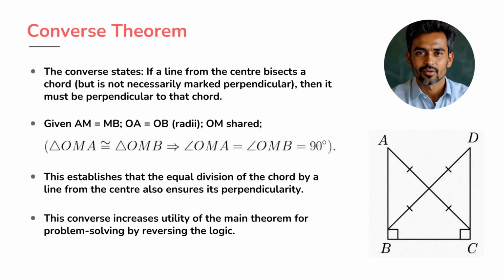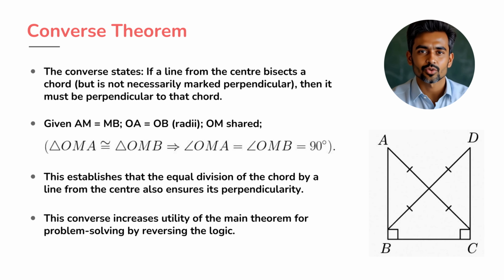Excellent. Before we wrap up, there's an important twist, the converse theorem. Let's see what it says. If a line drawn from the center bisects a chord, then that line must be perpendicular to the chord. In simpler words, if the segments AM and MB are equal, the line OM is at right angles to AB. Why does this happen?